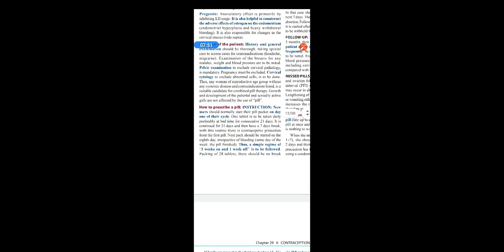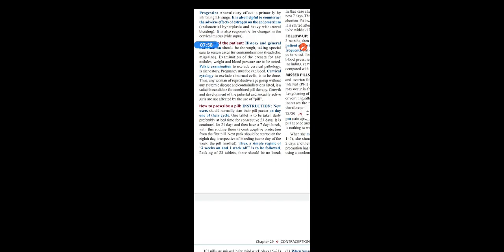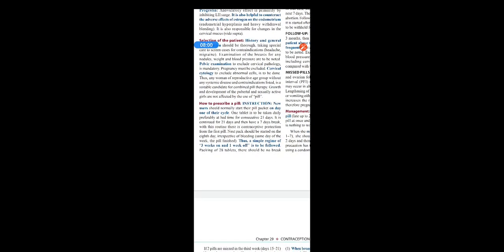Cervical cytology to exclude any abnormal cells is to be done with a pap smear. Thus any woman of reproductive age group without systemic diseases and listed contraindications is a suitable candidate for combined pill therapy. Growth and development of pubertal and sexually active girls are not affected by the use of pills.